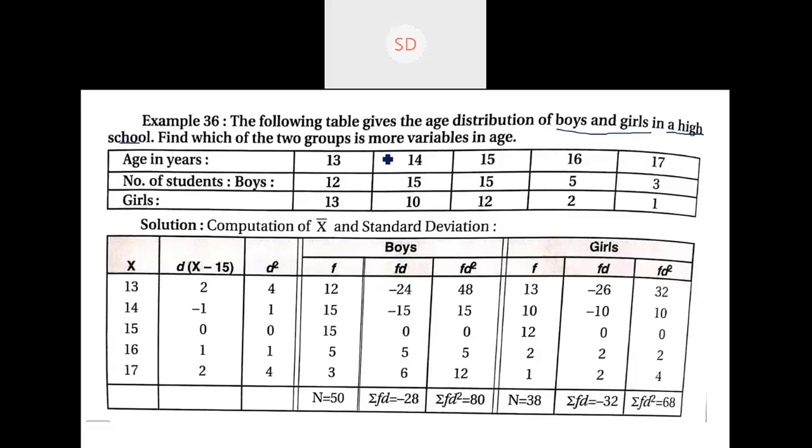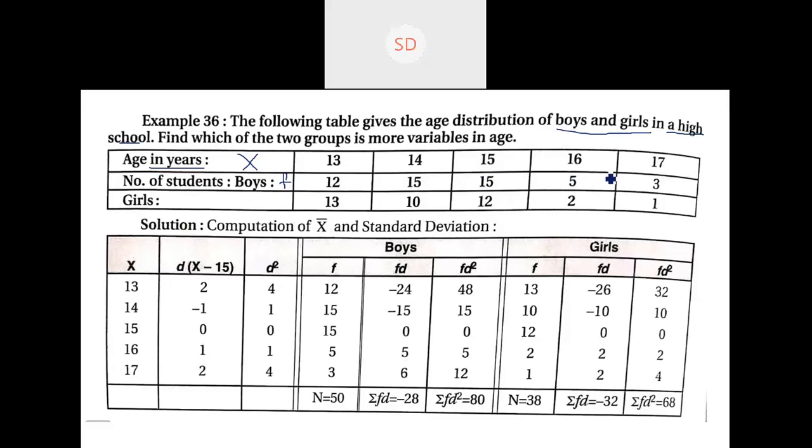Now this is a discrete series. How do we know it is a discrete series? If you consider this age, age in years, this is X. Age is the criterion they are considering. After age, they have given us two more columns, boys and girls. The number of students, that is boys, is one frequency.